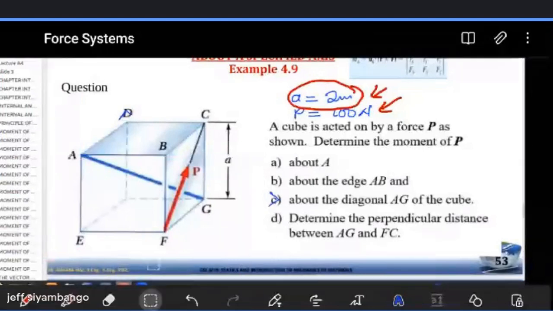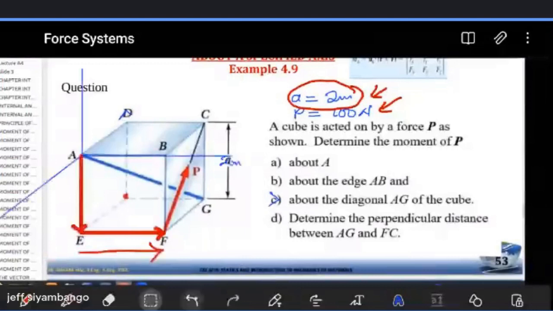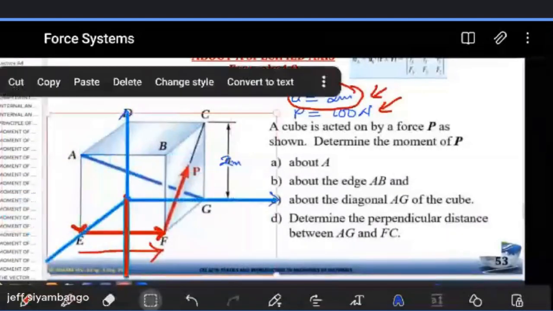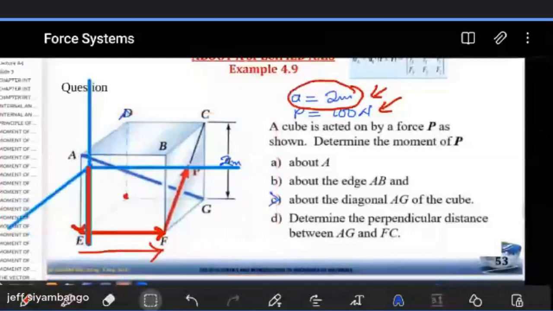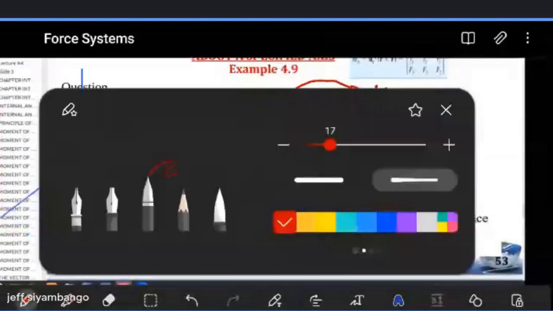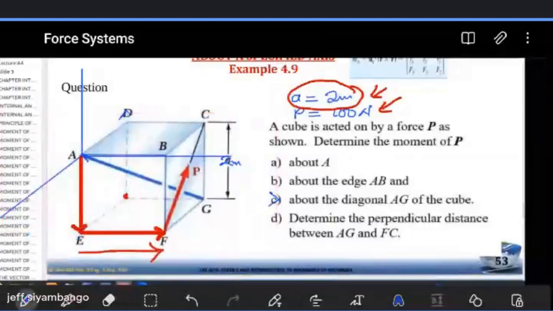Even if I change my coordinate axis and position it here, moving from A to F would still be the same thing. Because look at this, if it is somewhere here, moving from A to F implies moving like this. Let me show you.